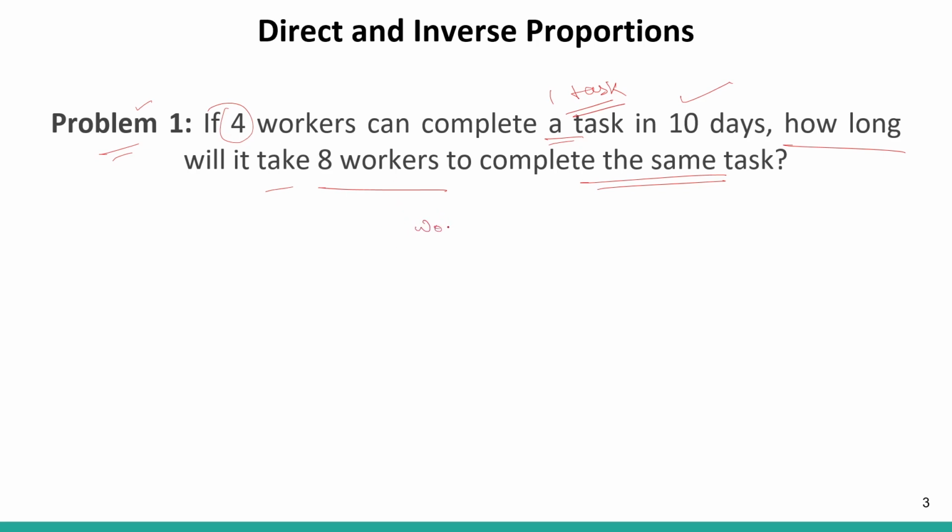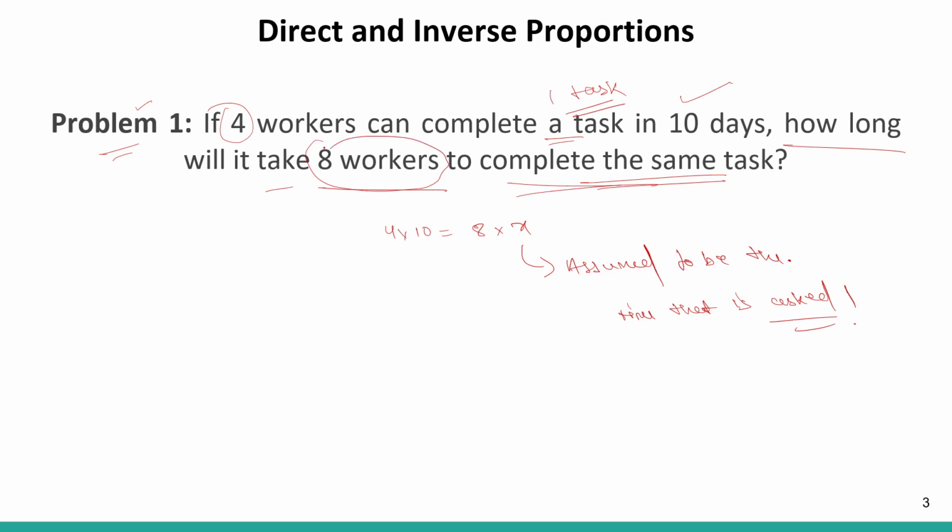We can use the work time equation here. That is 4 workers into 10 days, the time, is equal to 8 workers into x days. We assumed x to be the time that is asked, to complete the task for the 8 workers.